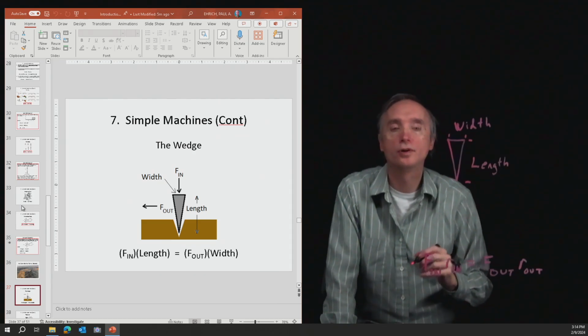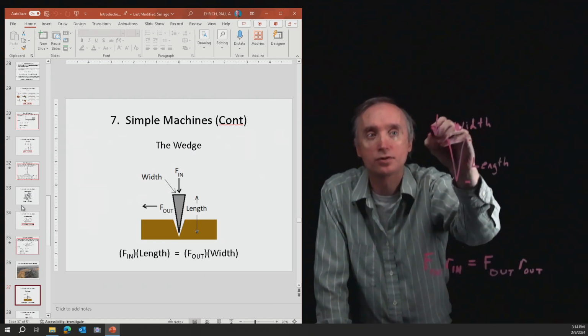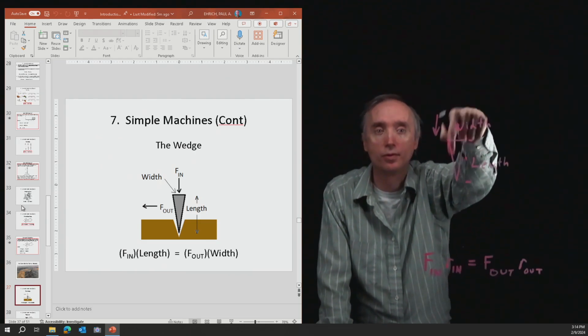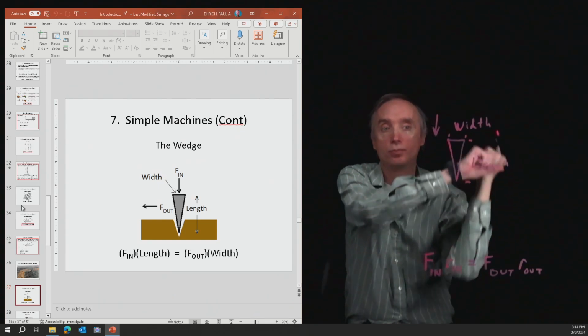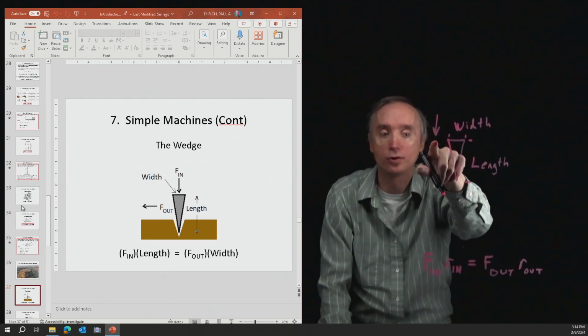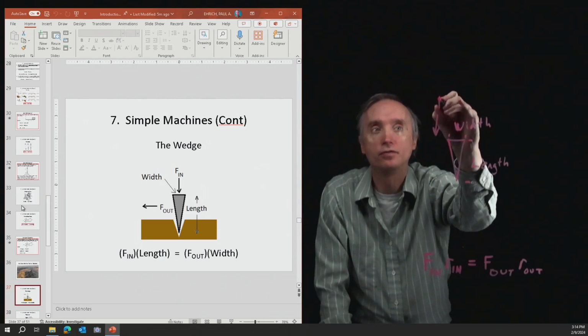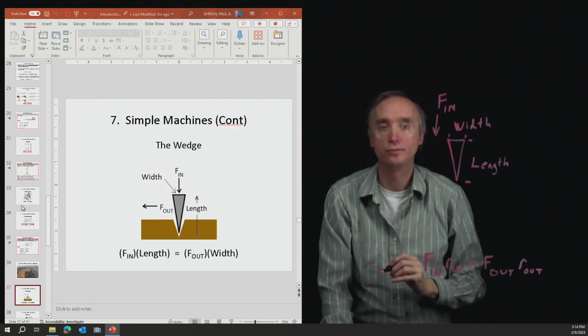Now you are going to apply a force in this direction on the top of the wedge. So pretend that it's an axe, and when you bring the axe head down, you're applying a certain amount of force. That's going to be the force going into the wedge.